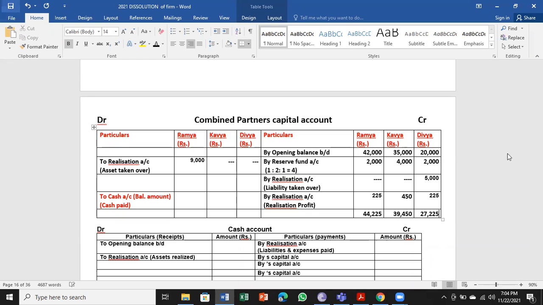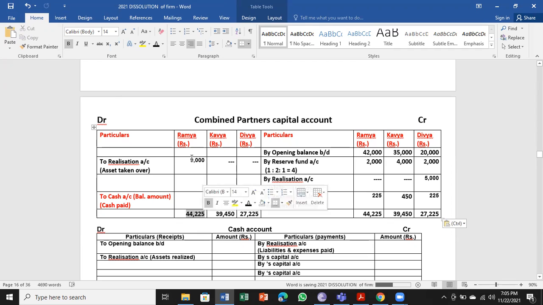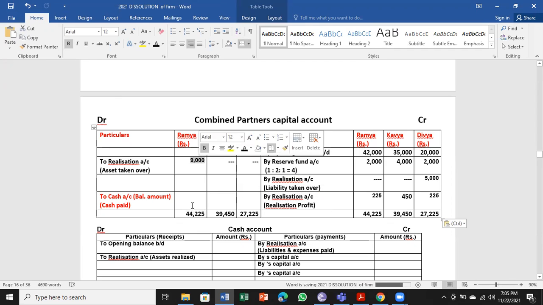So have a check. Ramya 44,225, Kavya 39,450, Divya 27,225. That is to be taken to the debit side for balancing. So Ramya 44,225 minus 9,000.